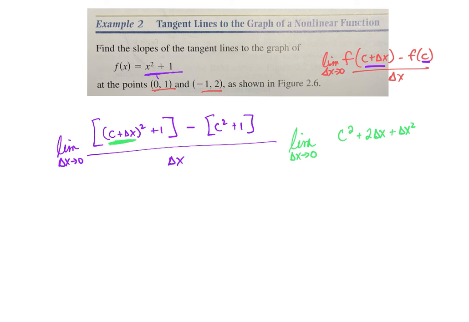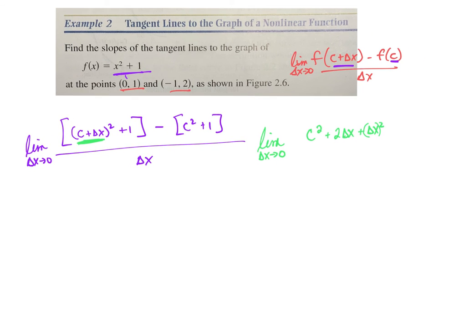All right, this whole thing is squared, the delta x. And then distribute your negatives, c squared. Oh, and I keep wanting to leave off my plus 1 at the end. So I'm going to scoot that over so I don't run out of room. And then I have my plus 1 minus, and don't forget to distribute this, I have my c squared minus 1 all over delta x.